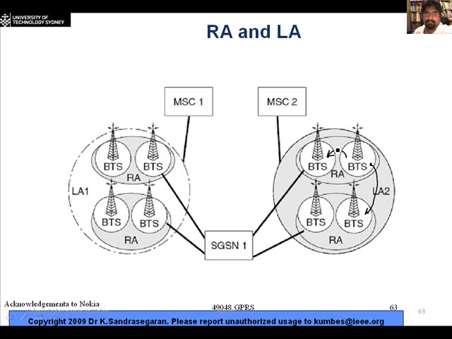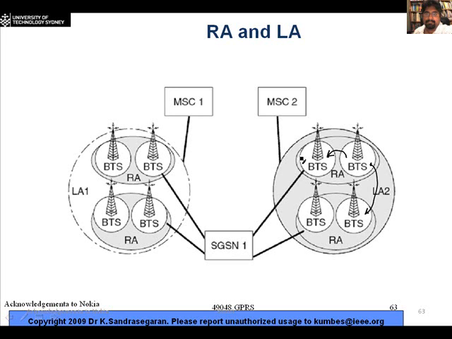So something called a routing area update procedure has to be done to inform the network that this subscriber is no more in this routing area but in this routing area. So if any packets come destined for that mobile, they should be sent to that particular routing area.